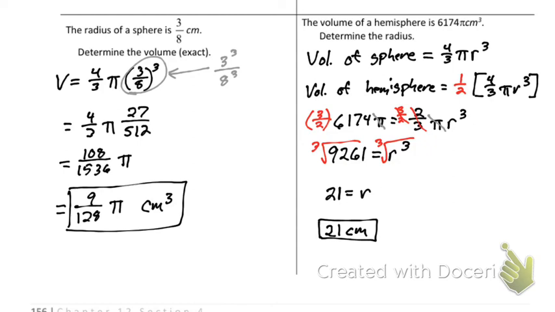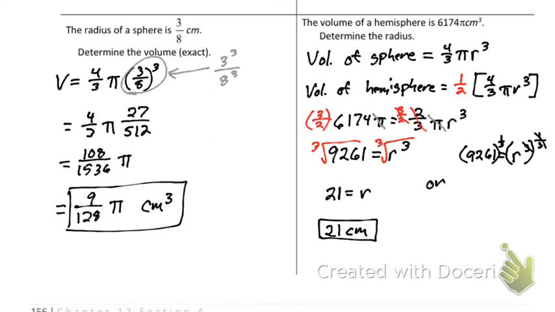Another way you can do it, like I said, I'll walk around and help all you guys. If you don't know where your button is, another way to do this is, if I have 9,261 equals r cubed, you can raise both sides to the 1/3 power, because your 1/3 and your 3 will cancel out.